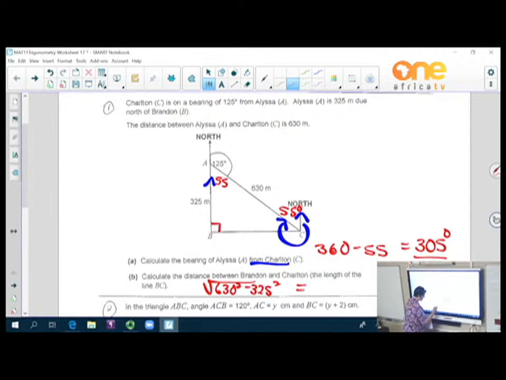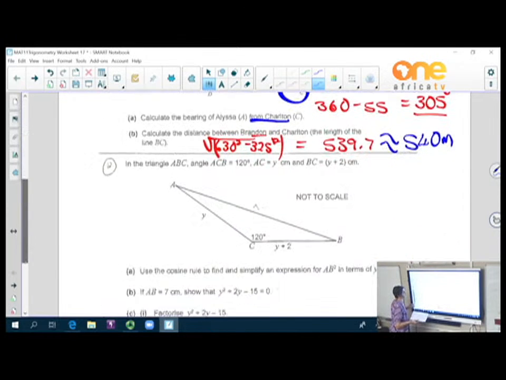And the answer is, remember, we use extra brackets there around them. And my answer is 539.7. And then we can always round off to 3 significant figures, which makes it 540 meters there. So this was now bearings, but it was also a right angle triangle.